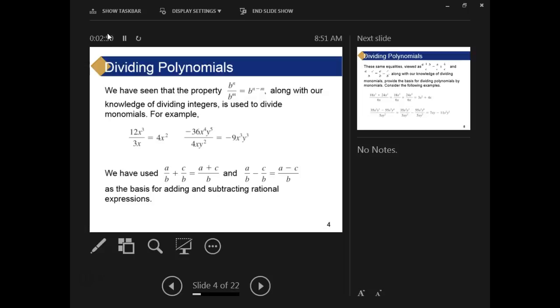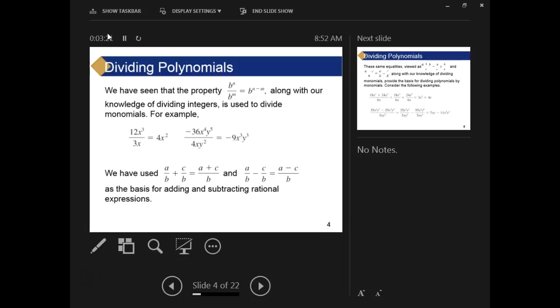Then do the variable part, x to the third, y to the third. Excellent. Monomials are pretty simple to do. Deal with the signs, deal with the numerical part, then deal with the powers or exponential parts.